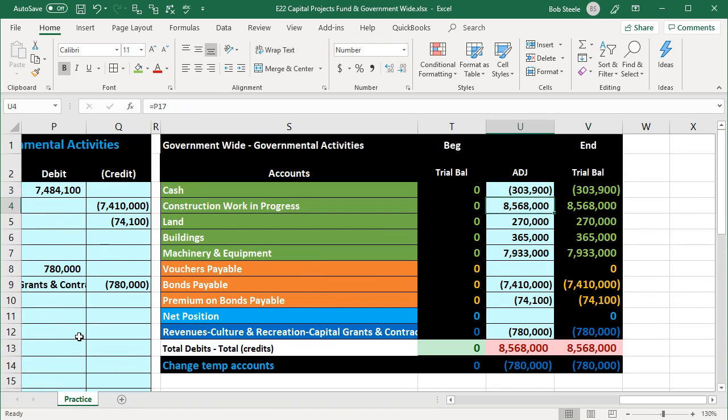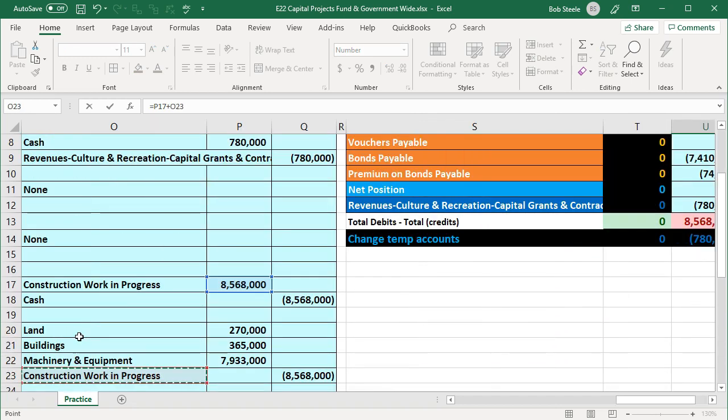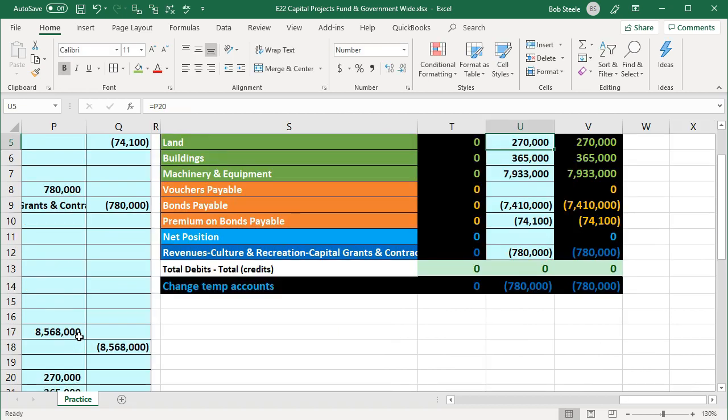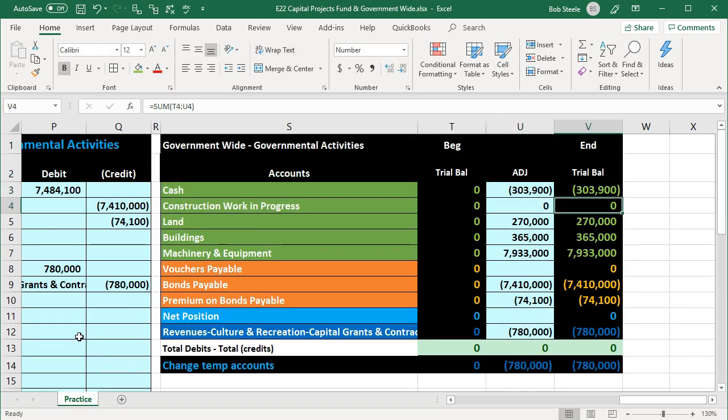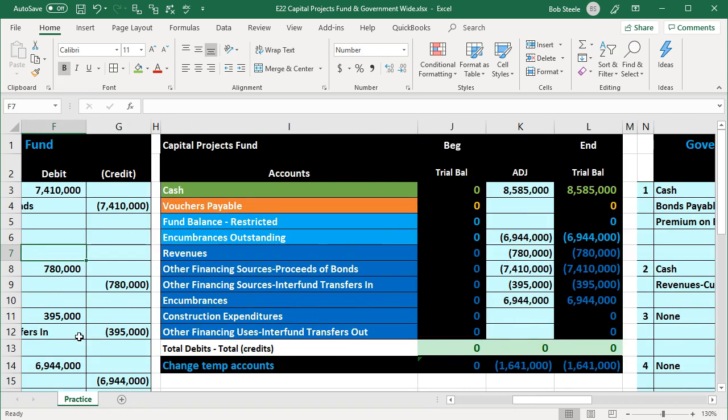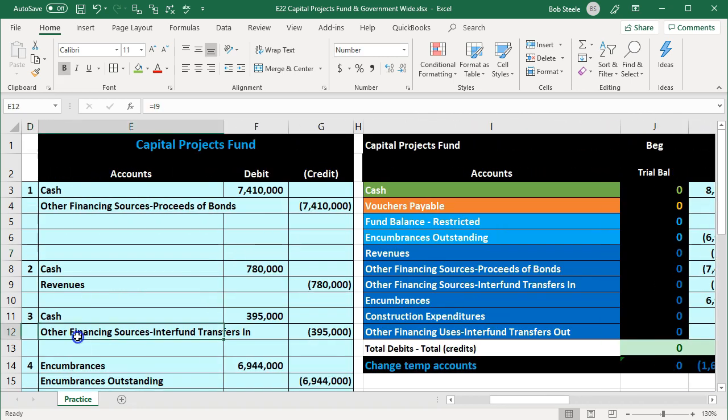This time I'm going to use the keyboard, F2 plus F2, scrolling back down, picking up that credit and enter. So there we have that. So now we've moved it out of the work in process and we've put it in our land, building, and machinery and equipment. Let's scroll back over and see what happens with regards to the capital project fund.